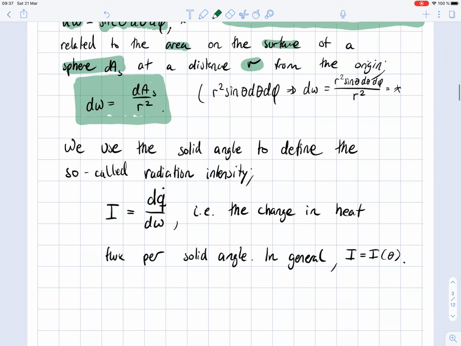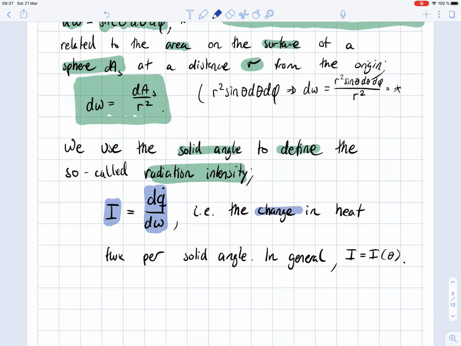So we use this solid angle to define what we call the radiation intensity. And that's a new property. We will use the symbol capital I to describe it. And it's defined as the derivative of the radiative heat flux with respect to the solid angle.